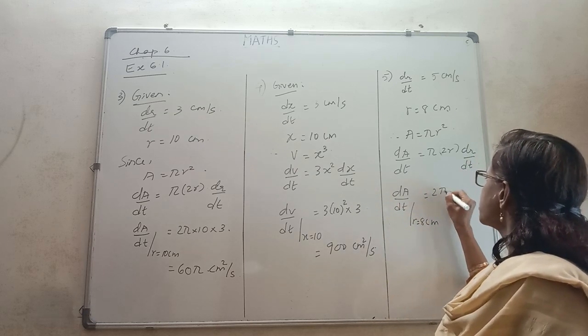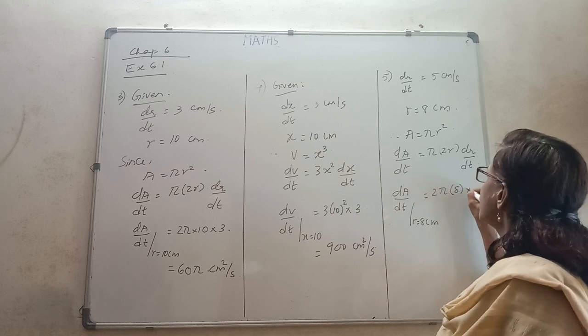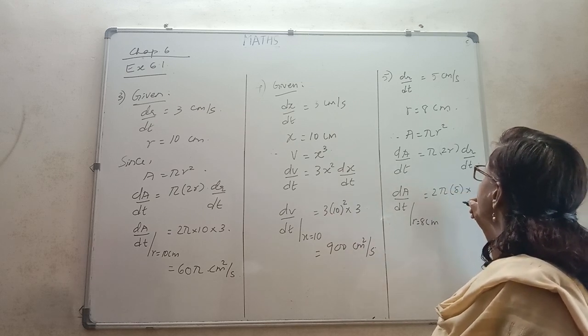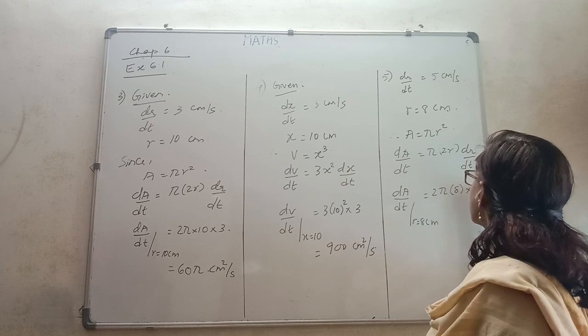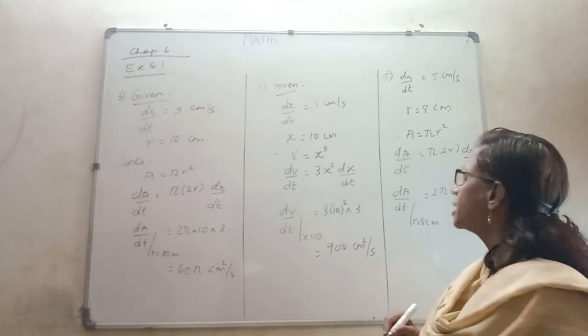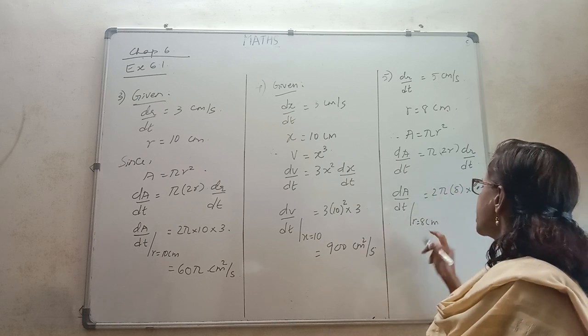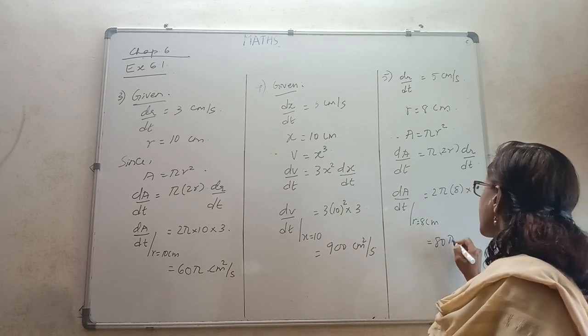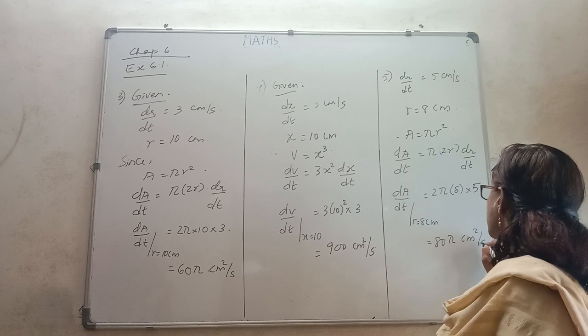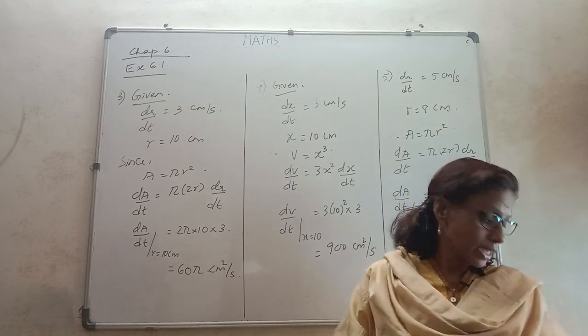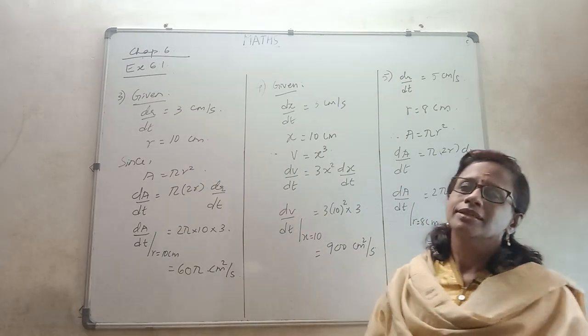So we'll just substitute. Radius is 8 centimeter and the rate of change of the radius at that time, which they call speed, is 5. So how does it come? 8 5s are 40, so 80 pi centimeter square per second. That's it.